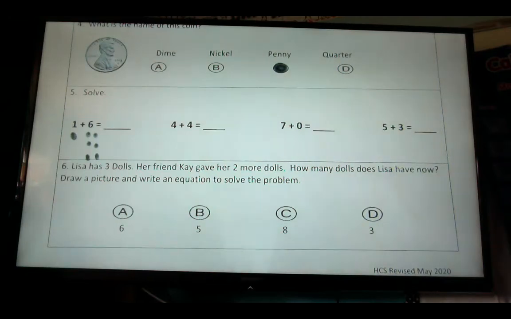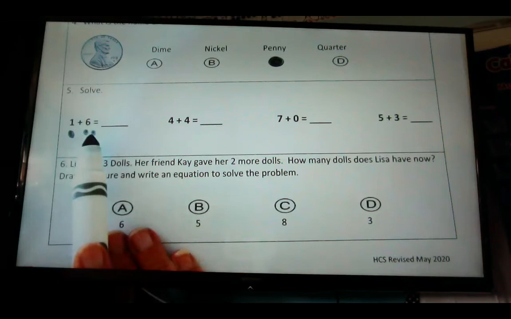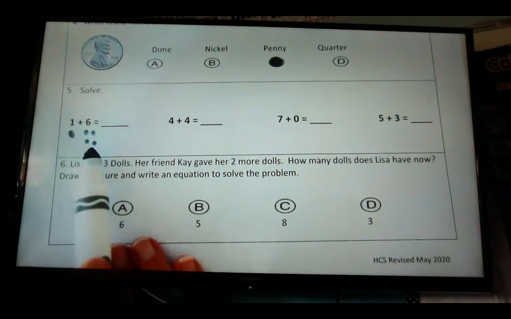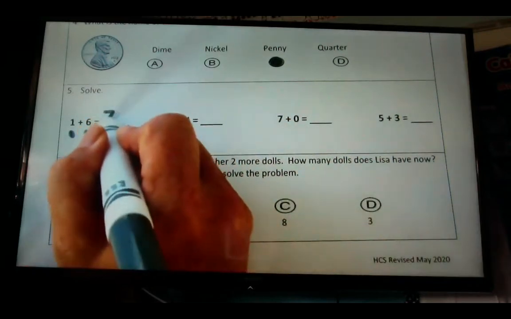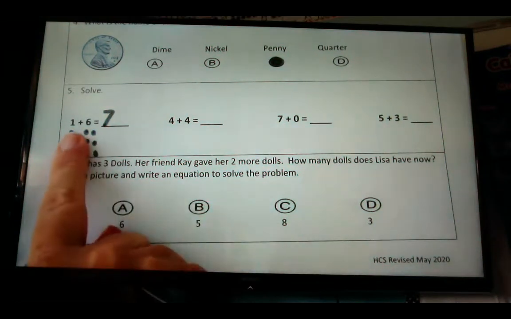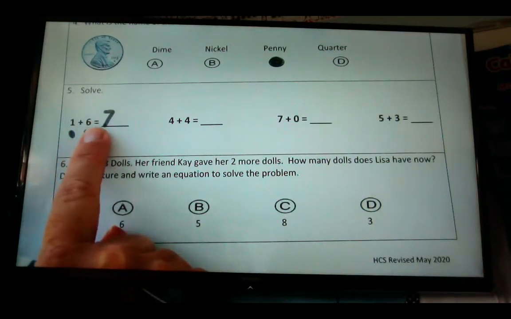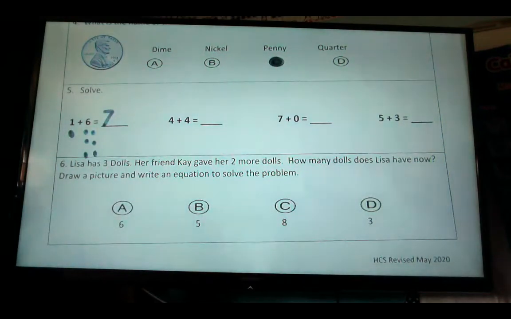Will you help me count? 1, 2, 3, 4, 5, 6, 7. Put a 7 in the blank. Let's read the equation now. 1 plus 6 equals 7. Good job.